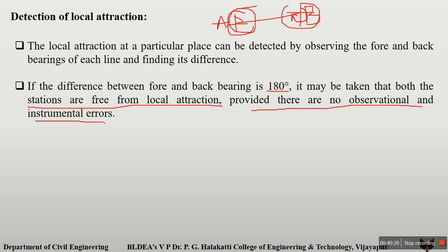Here our aim is only local attraction, so you just take the difference of the forward bearing and back bearing; if it is equal to 180 degrees, our stations are free from local attraction.